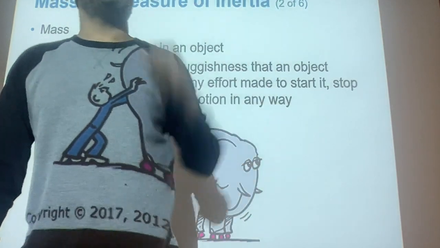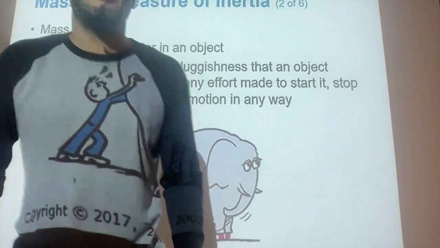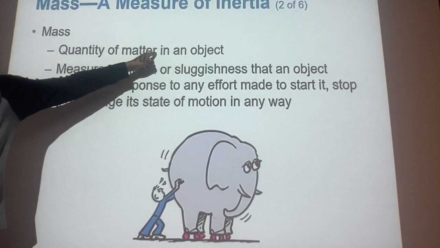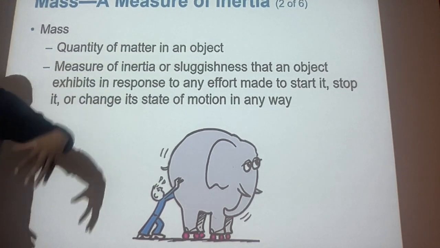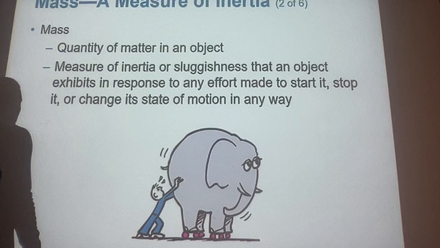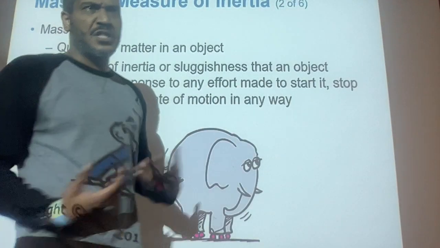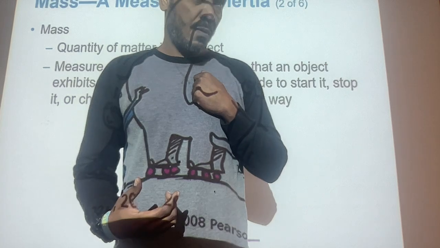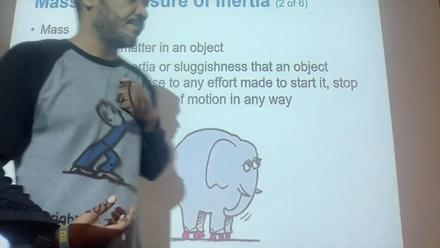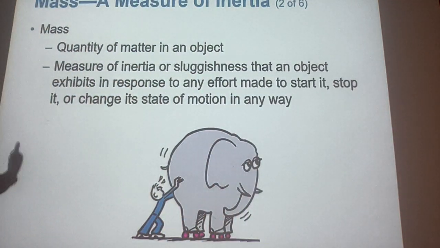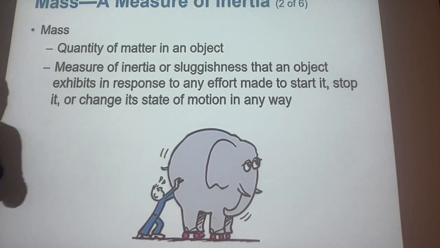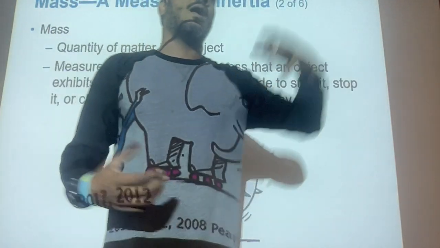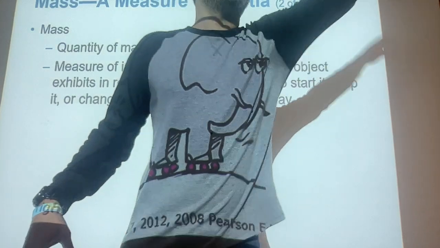So what changes when you leave the earth? Your weight. Your mass is the amount of stuff or matter that makes you who you are. So the only way for me to change your mass is if I come and chop your arm off. But your weight changes based on how far you are from the earth, and that's why the astronaut is weightless in space.